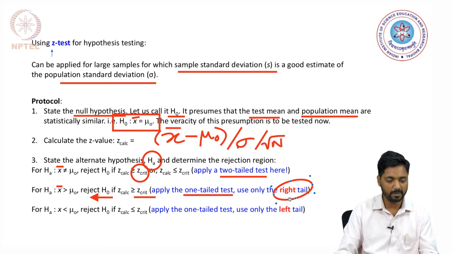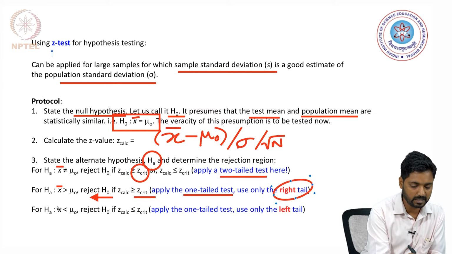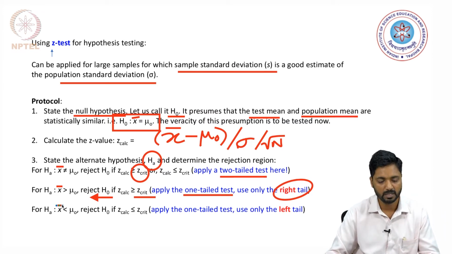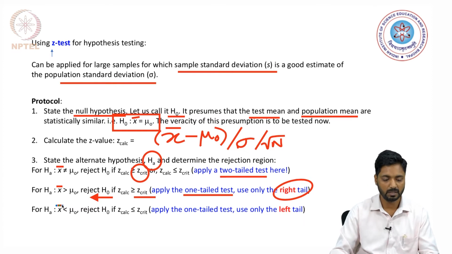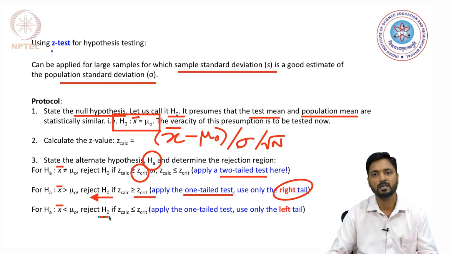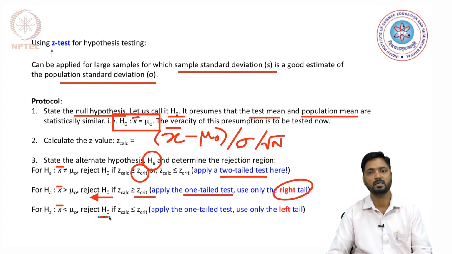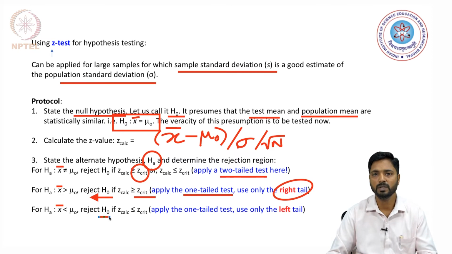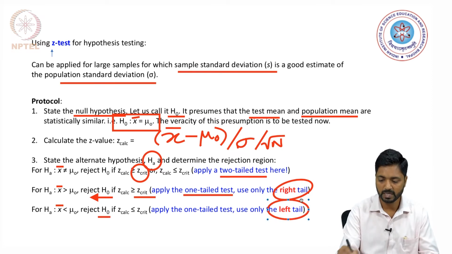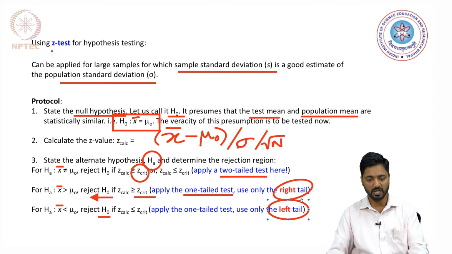If the alternate hypothesis is that the sample mean is less than the population mean, the null hypothesis is to be rejected if the z calculated is less than the z critical value at a certain confidence level, and again we will be using only one of the tails, which is the left tail in this test.